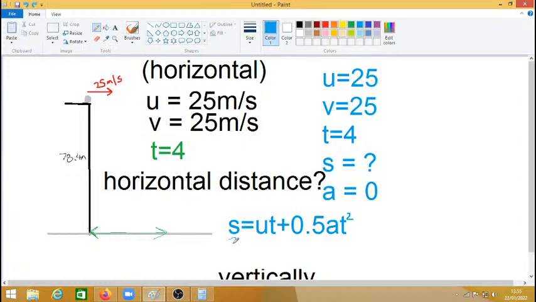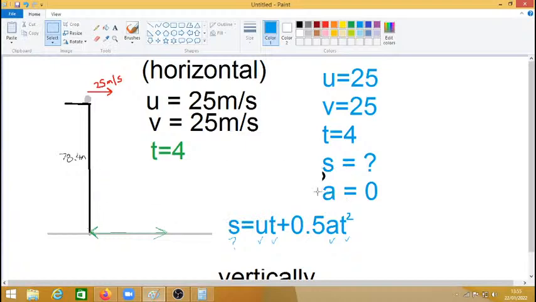So let's put a question mark there. That's your unknown. u, the initial velocity, we do know. It's 25. Time we know is 4. 0.5 is fine. Acceleration is 0. And the time again is 4. So we know actually everything. So let's substitute that in. I'm going to need to make a bit of space here.